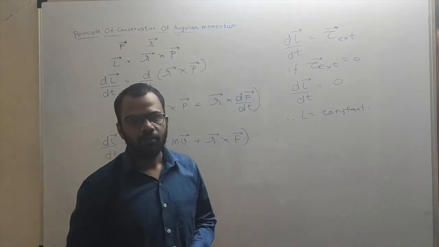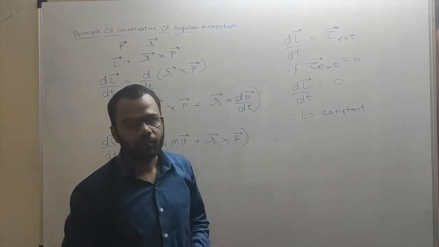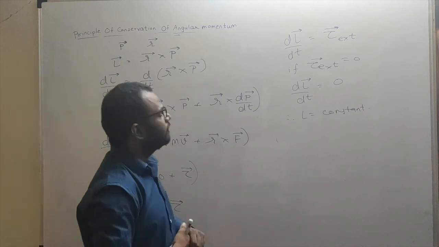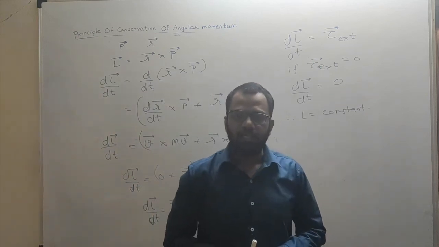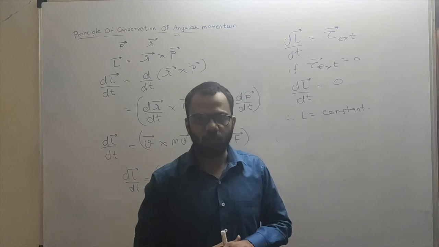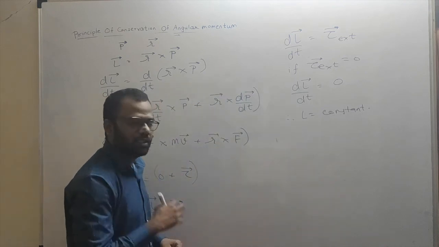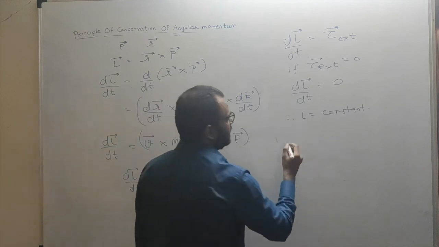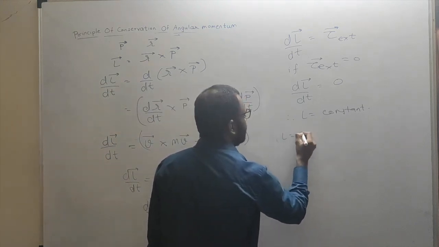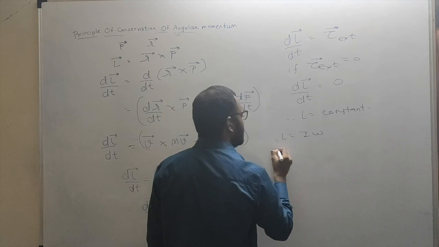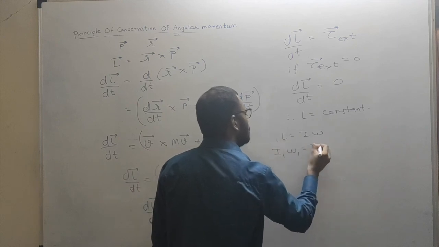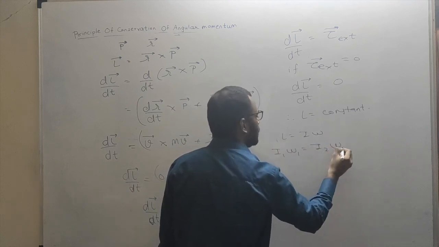Fine. So below that write down the principle of conservation of angular momentum states that if external torque acting on the body is 0, its angular momentum is conserved. Fine. So this is the statement. So since L is constant and L is equal to I omega, I can say I1 omega 1 is equal to I2 omega 2.